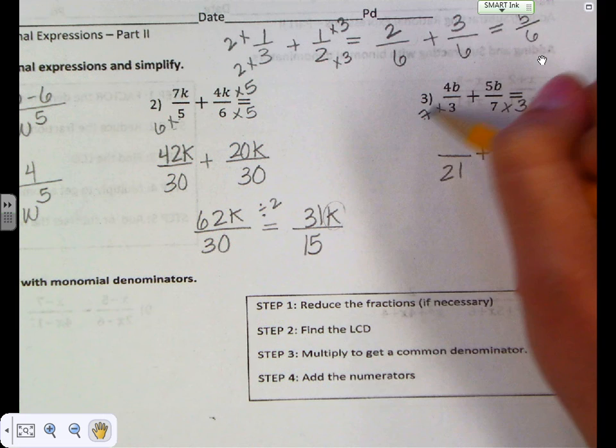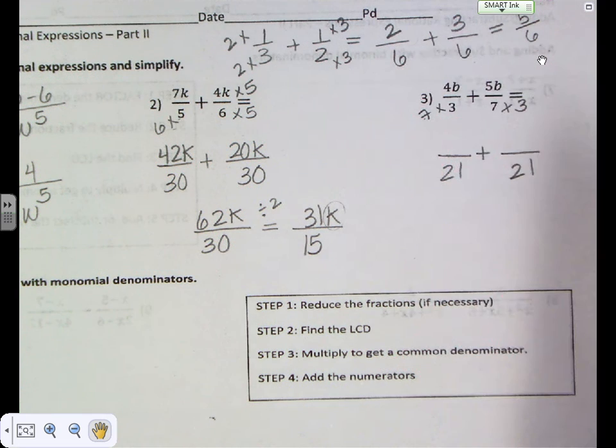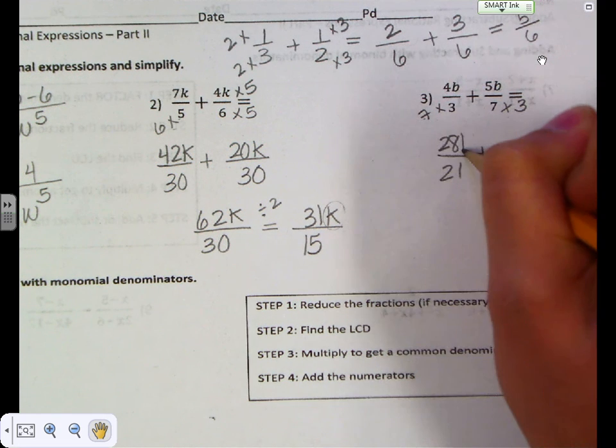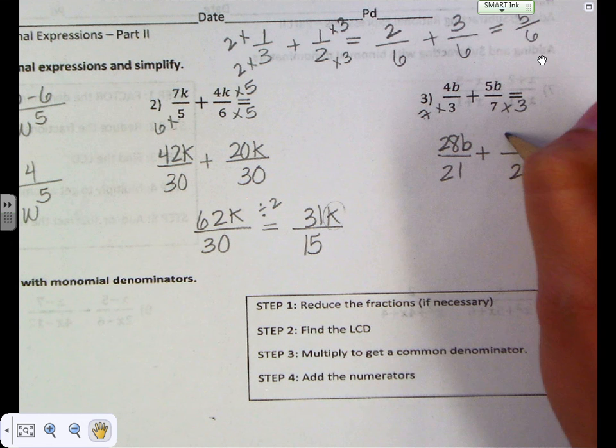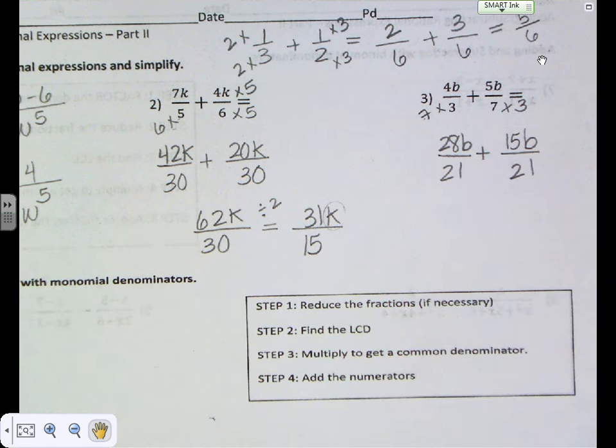And what is 7 times 4? 28b. And then 5 times 3? 15b. Okay, now you have a common denominator of 21, so you can add the numerators.